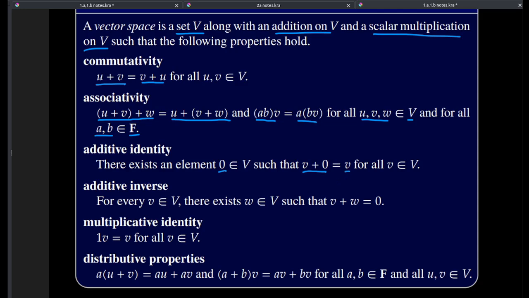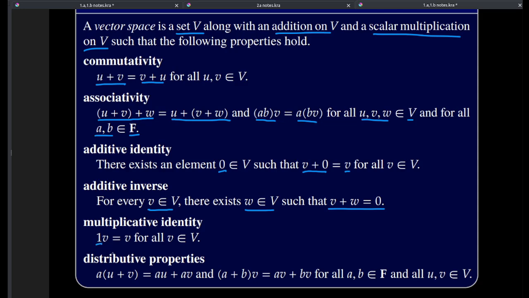All right. Additive inverses, same as before. For every element v in our set V, the vector space bit, there is a w such that if you add it to v, you get back the additive identity, which remember we're using 0 to represent. There is a multiplicative identity with respect to the scalar multiplication.